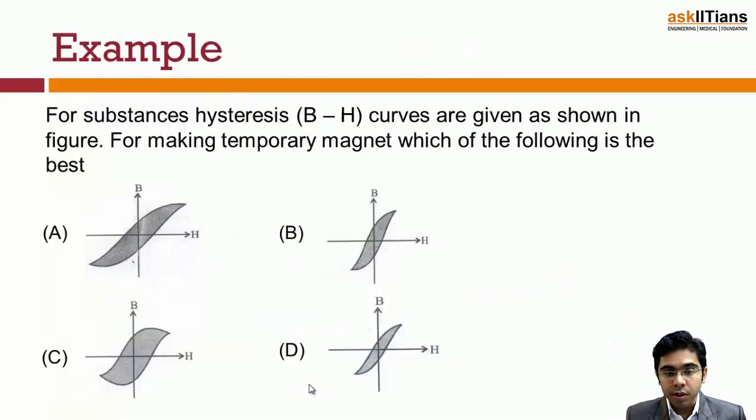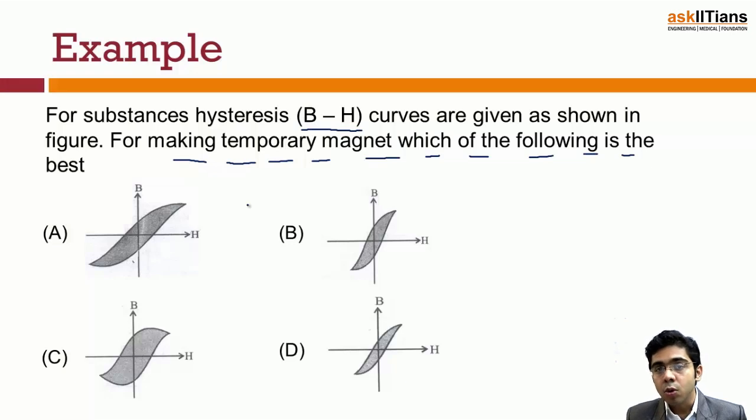Now let's proceed towards the example. For a substance, BH hysteresis curves are given in the figure. For making a temporary magnet, which of the following is the best? What we have studied just now is that for a temporary magnet we need a thin loop, such that the retentivity and coercivity are very small.